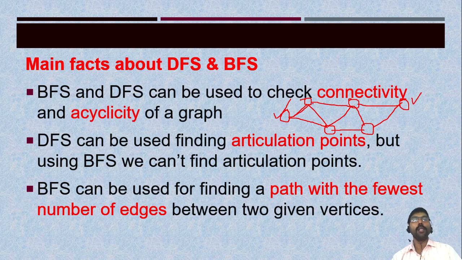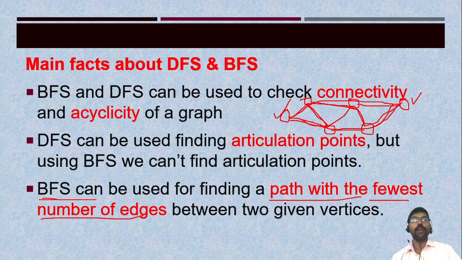This may be one path, this may be another path, this may be another path. There are so many different paths, but I have to identify the path which contains the fewest number of edges. That can be identified by BFS here. Path with the fewest number of edges.